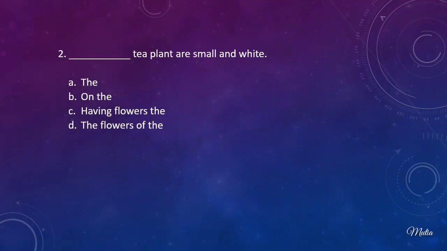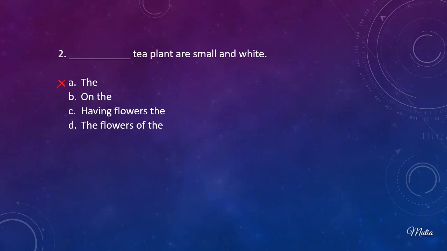The second question, the tea plant are small and white. In this sentence, the verb shows plural form by using are. So we have to complete the sentence by choosing correct answer of the subject. A. The tea plant. It is incorrect. B. On the tea plant.